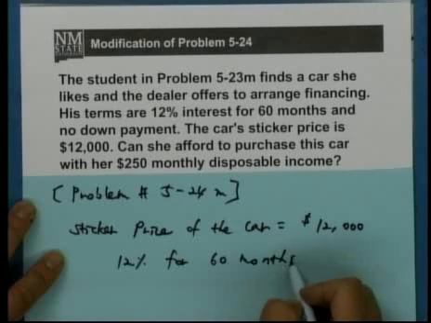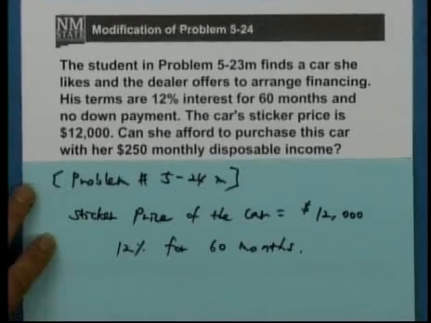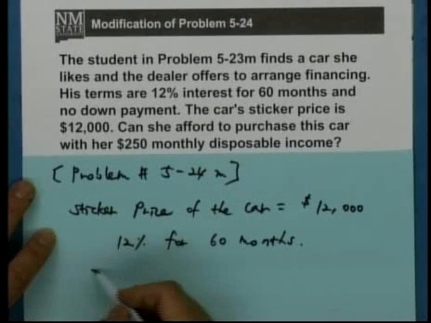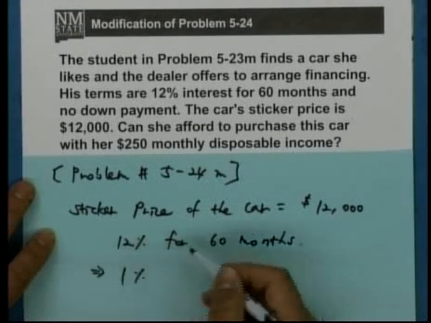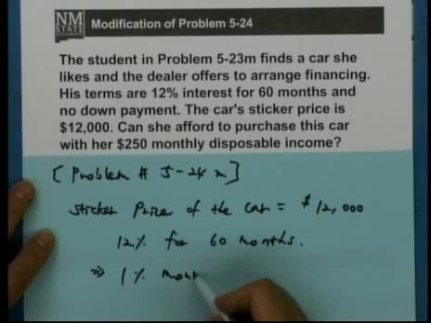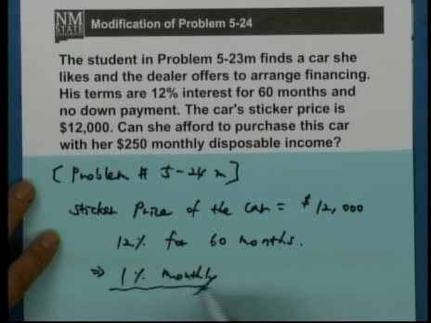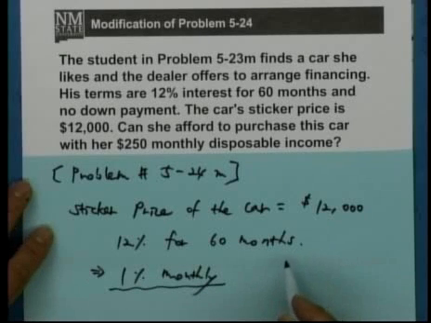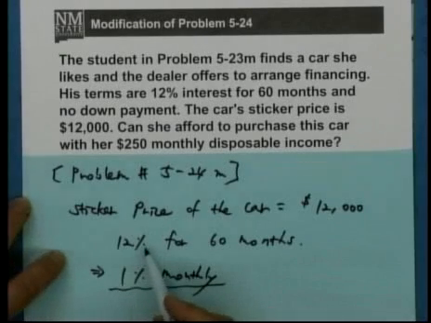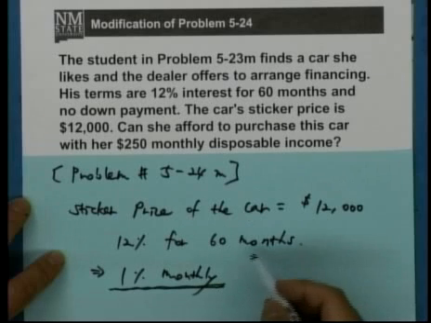Okay, so he's going to charge 1% interest rate, right? Monthly interest rate. Because 12% divided by 12, because there are 12 months in a year, becomes 1% monthly interest rate.